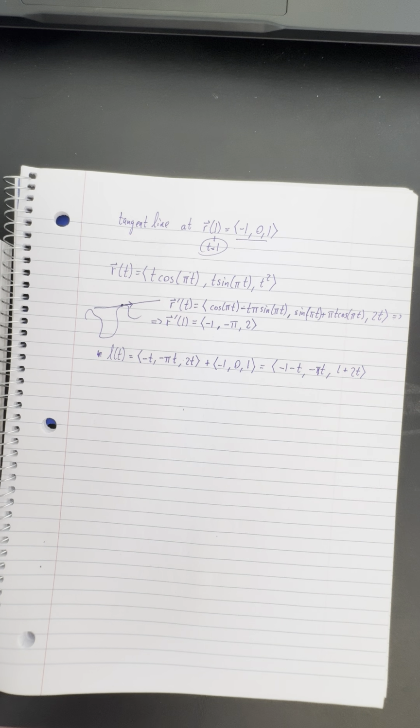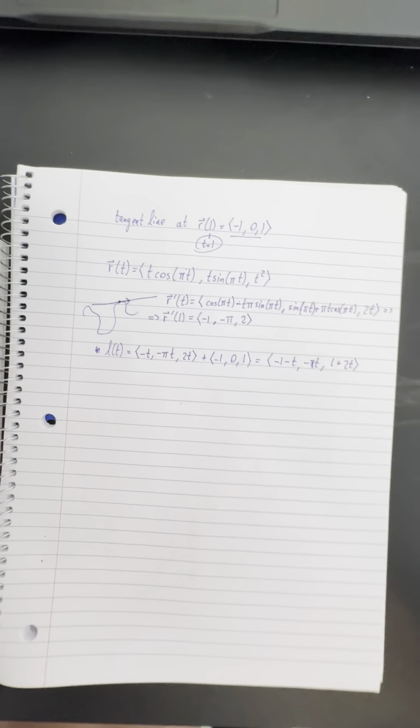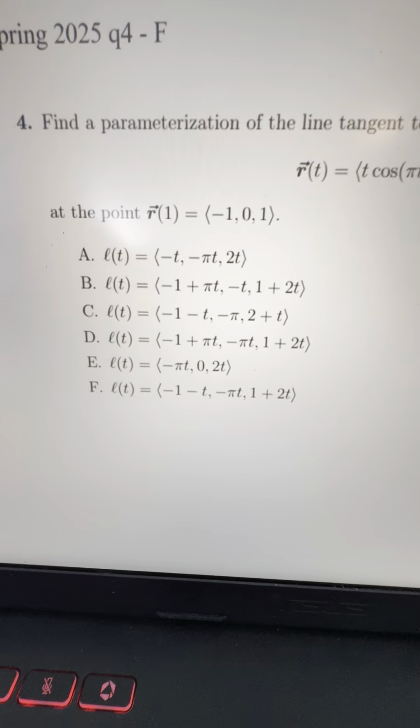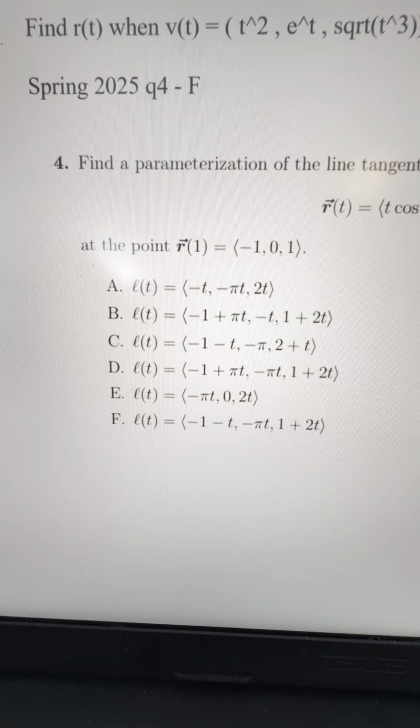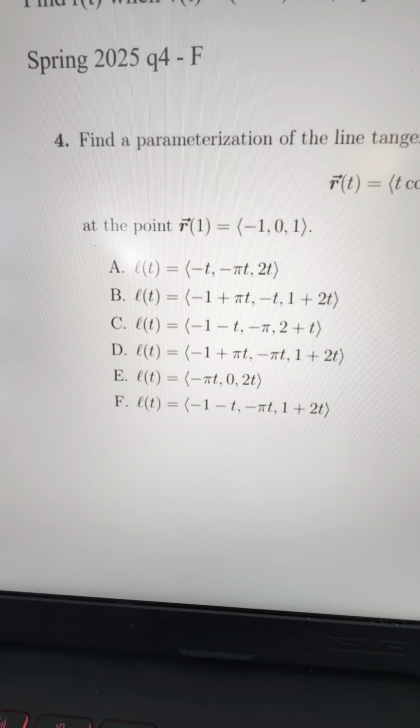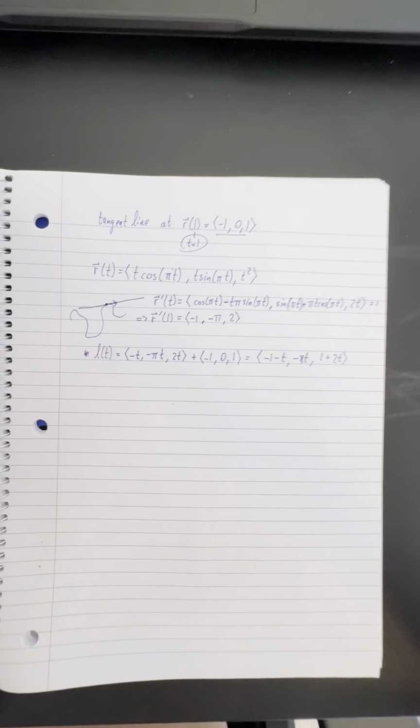Right? Okay, and let's see our answer choices. I think it's option F. This one is option F, which is correct.